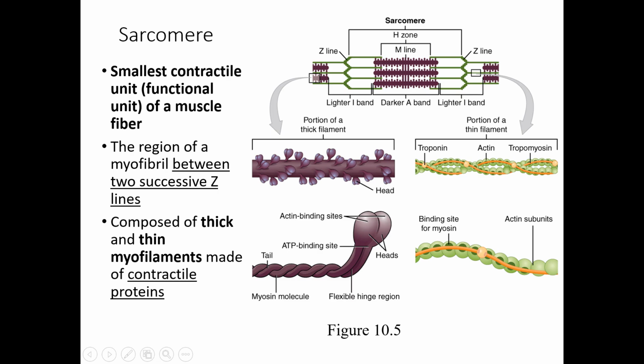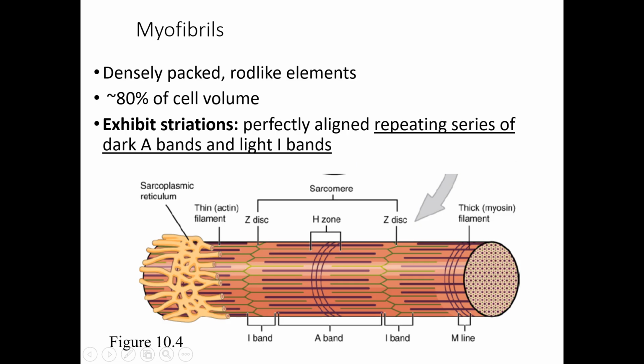The smallest contractile unit or functional unit of a muscle fiber, it means the smallest portion that can contract, shorten, is called a sarcomere. And if you look at that structure right here, myofibril, a sarcomere will be from one Z disc to another Z disc.